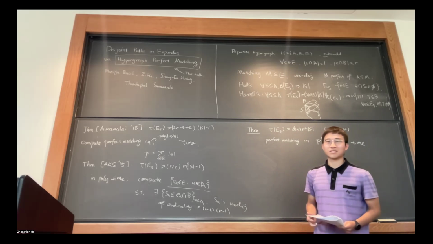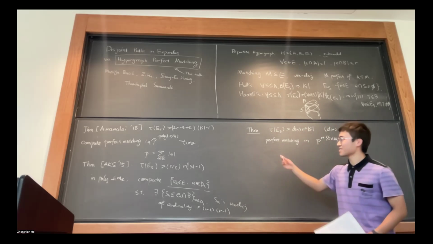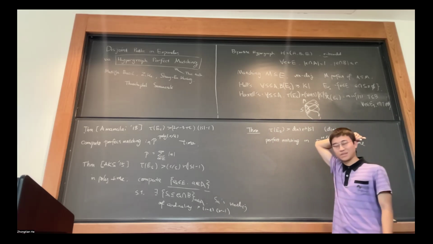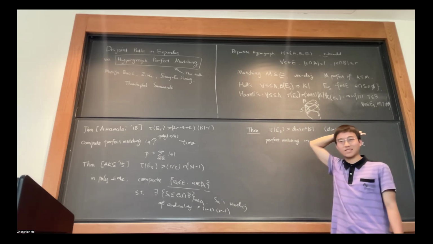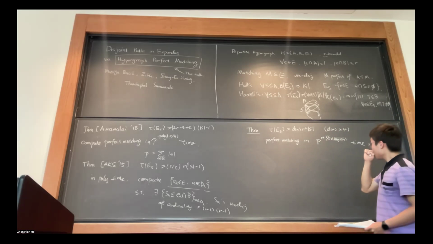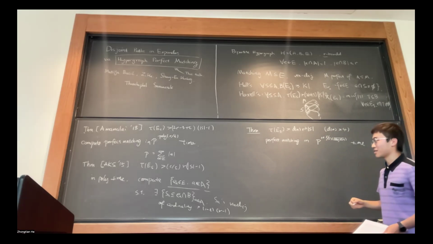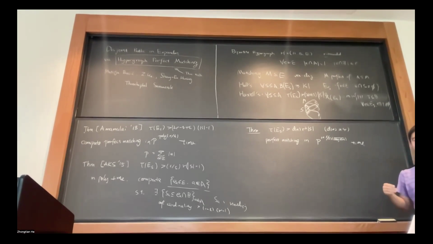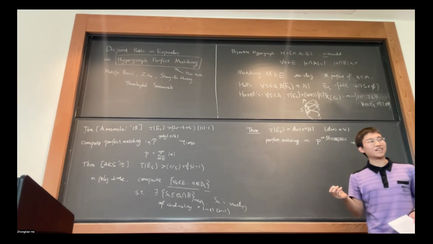Until now, r is considered to be some polylog. Do A and B partition the vertex set? Yes, they partition the vertex set because it's bipartite. Yeah, good question. And I think in our algorithm, P is even something not polynomial.